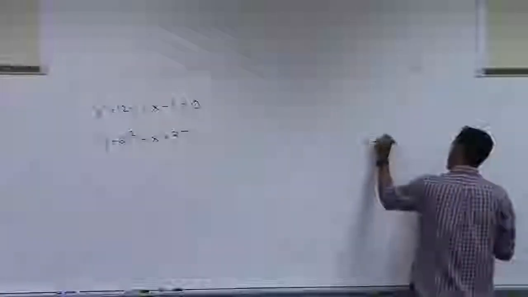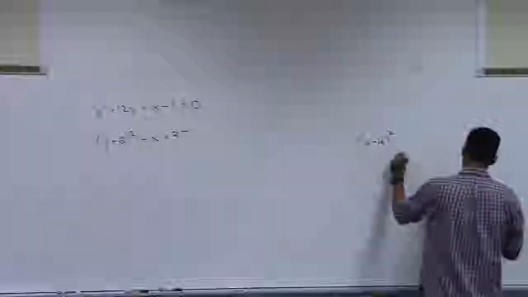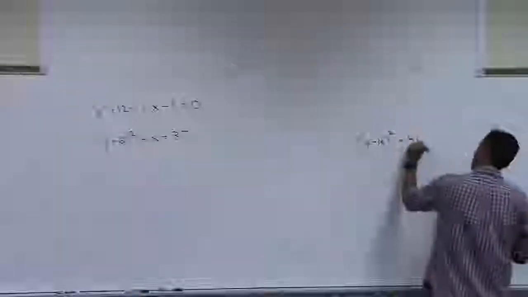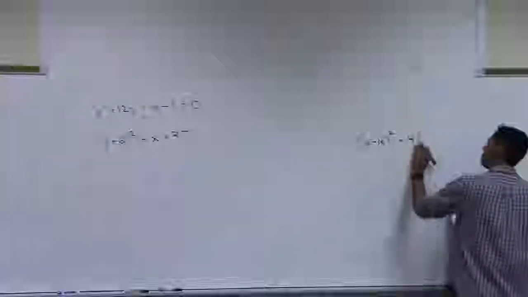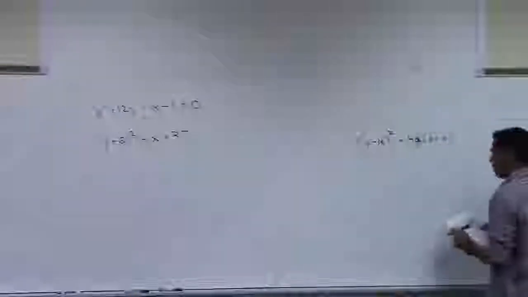(y minus k) squared equals 4a times (x minus h). So that's the first one there, right?